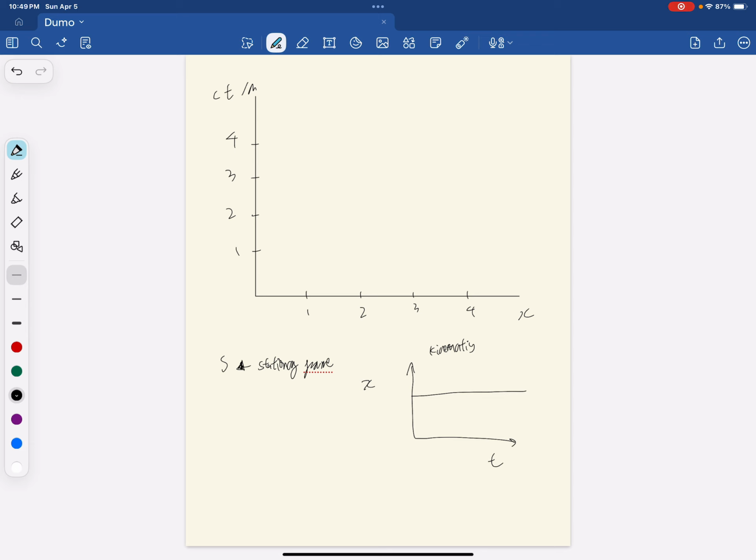Well, just remember that the space-time diagram is just the kinematics diagram rotated about 90 degrees. So let's say this is meters. If I want to show that an object is always at the x equals 3 meter coordinate in our stationary reference frame, then I'll just simply draw a line.